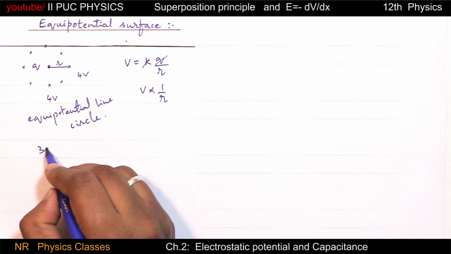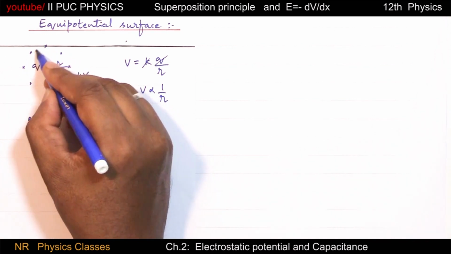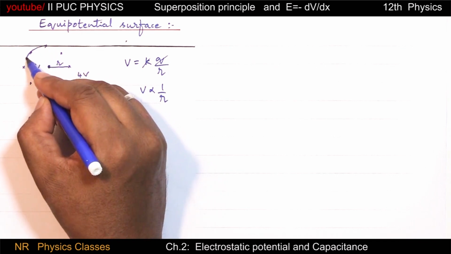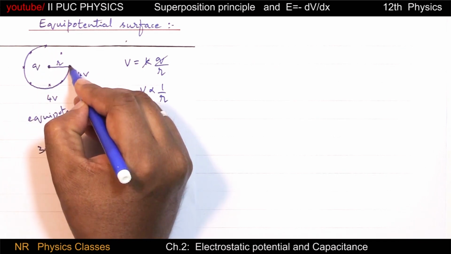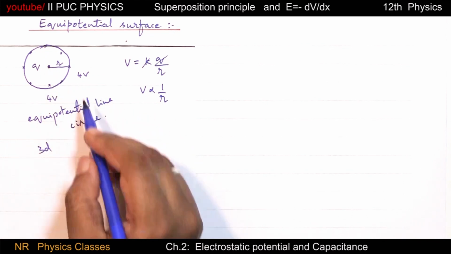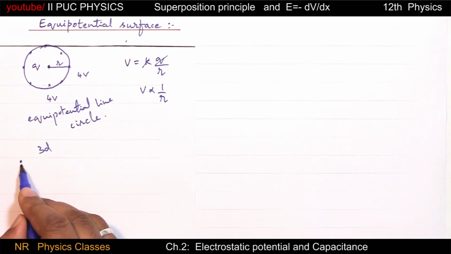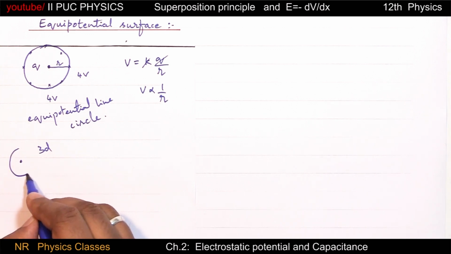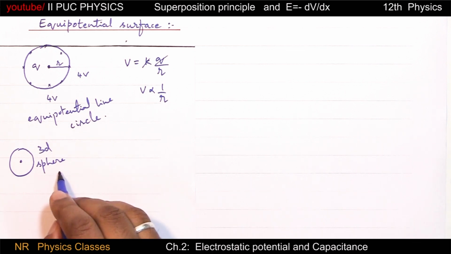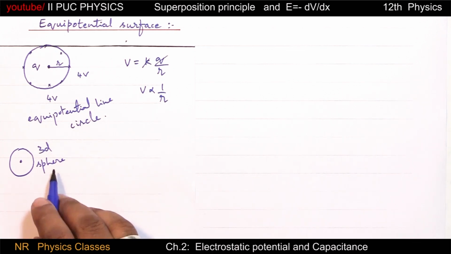But in 3 dimensions, instead of a circle we get a sphere. If it is a sphere, each and every point is equidistant from this center. Therefore, for a point charge, we can say that a sphere is an equipotential surface.